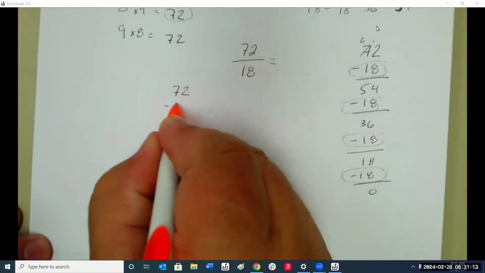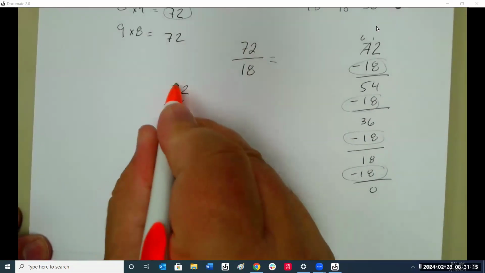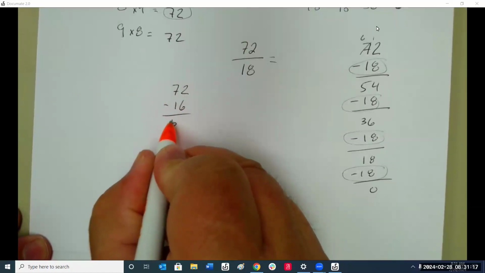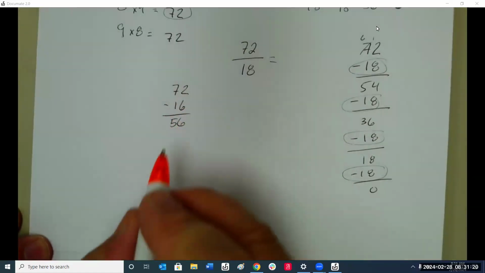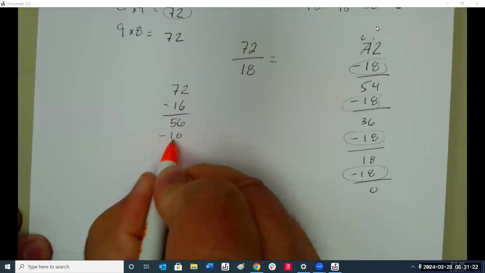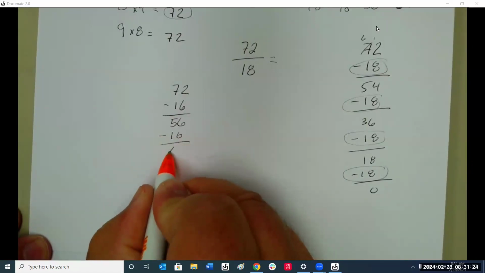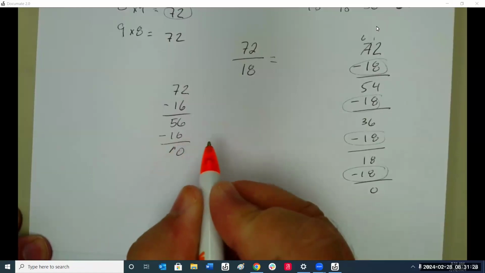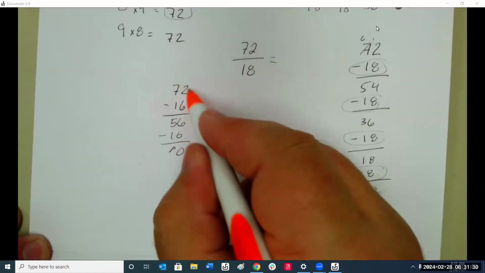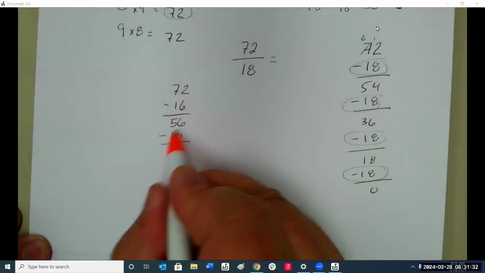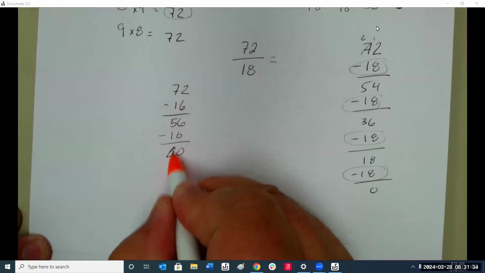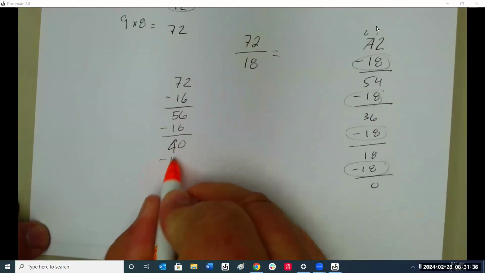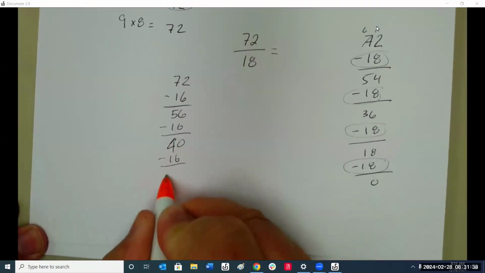Yeah, 72 minus 16. 72 minus 16 is 56. Minus 16. What? 6. 40. Minus 16.